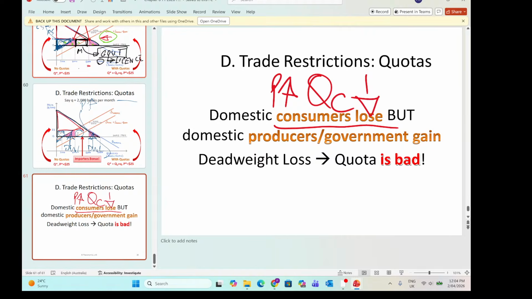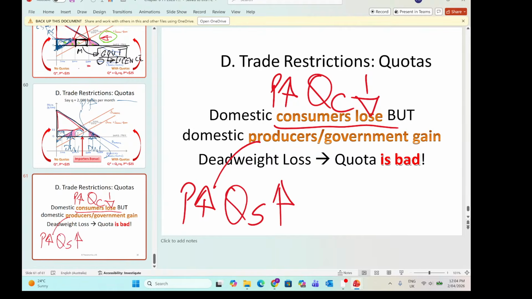Producers win because the price goes up, so they get more for their product, and the quantity supplied for the protected firm goes up. And then how can the government gain? The government might gain if it sells an import license.